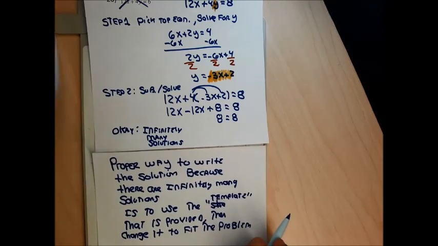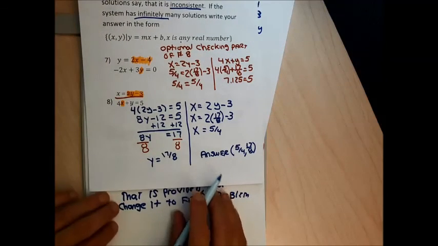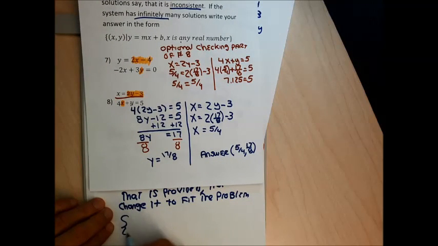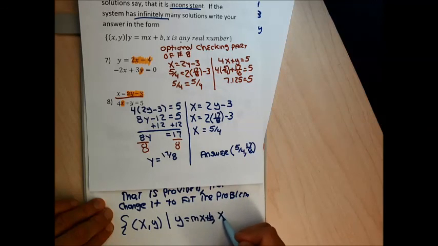The shell that's provided is this shell right here. The solution to this problem is supposed to be the set of points in the form x, y, such that y is one of the equations and x is any real number.